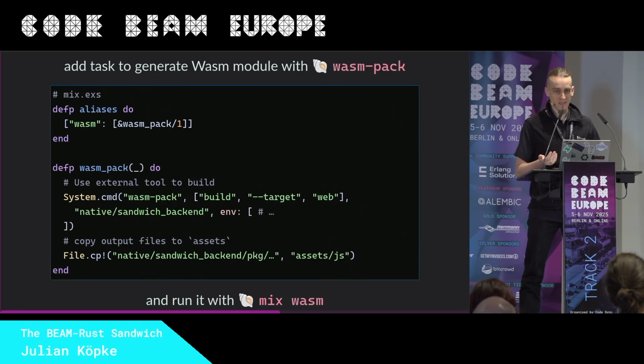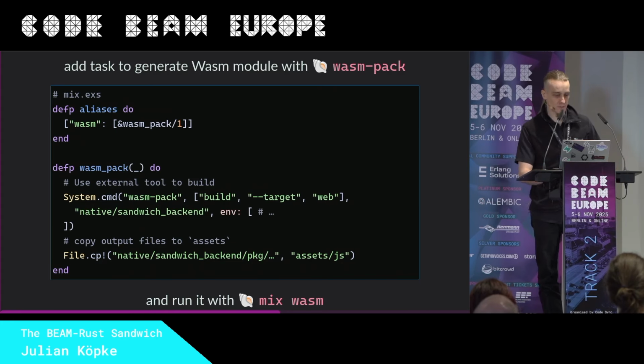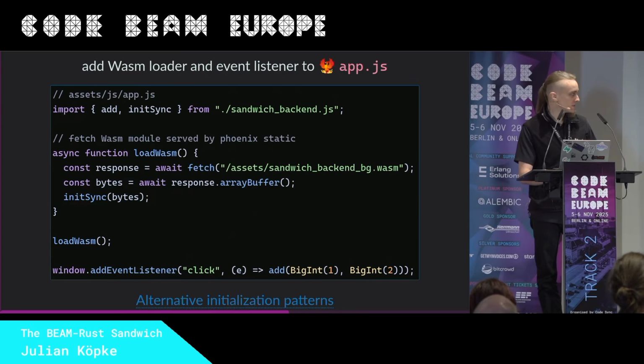So in the assets we can link it in our JavaScript app.js, and we can also access it later from the browser by downloading it, by querying the web server to give us the WebAssembly packet. And now we are ready to use this in our JavaScript. In the first line, you see the import. This is the generated file we import, and from the import, we get two functions.